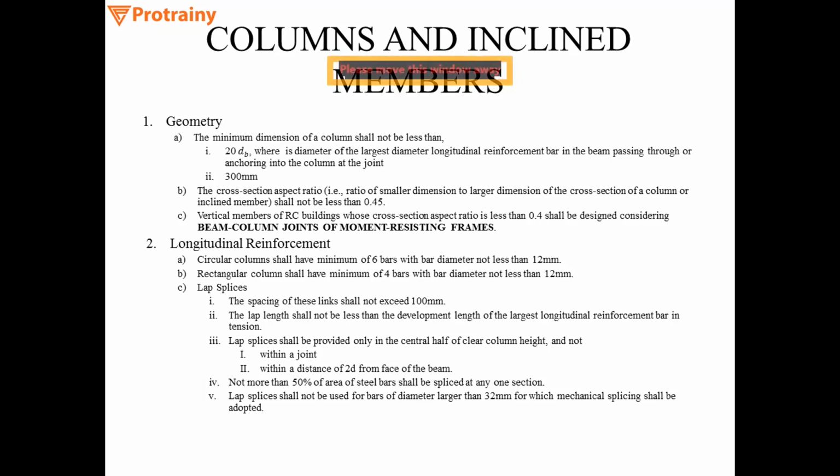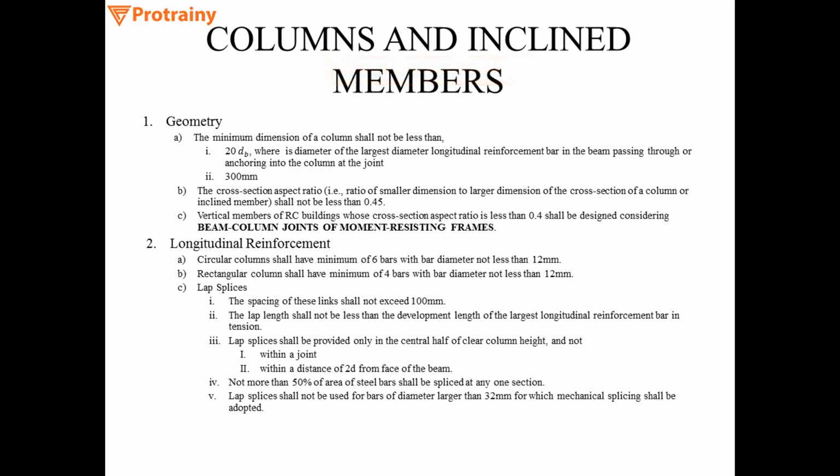The third point is that splices shall be provided only in the central half of the clear column height, and not within the joint or within a distance of 2D from the face of the beam. If we move further, I'll show you with a diagram as well.